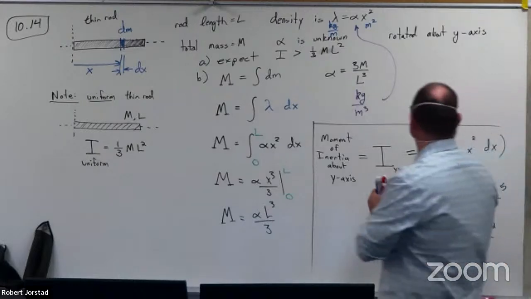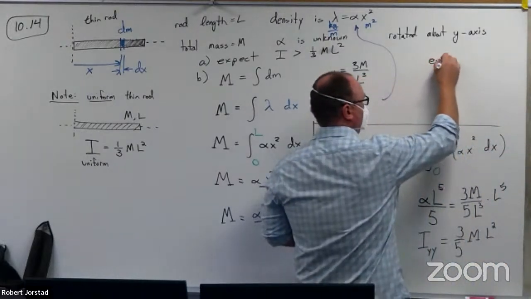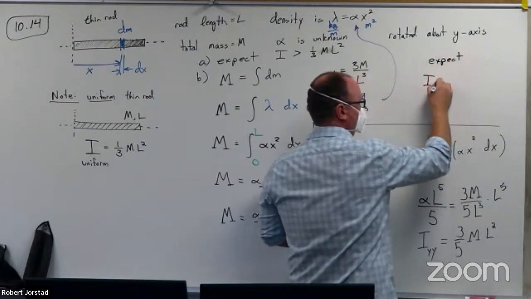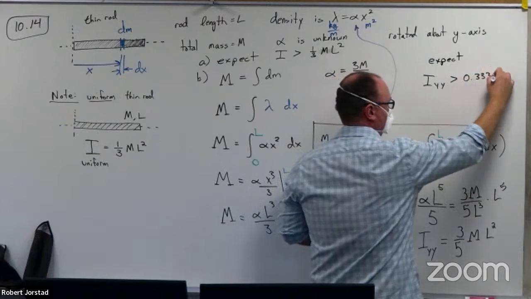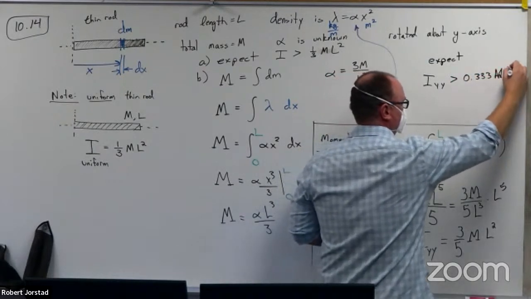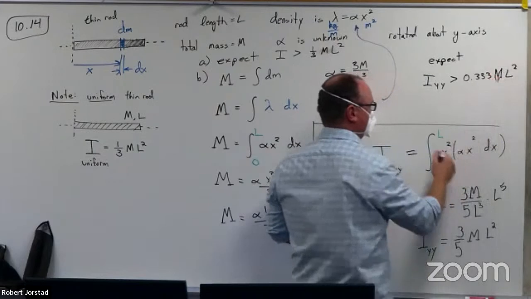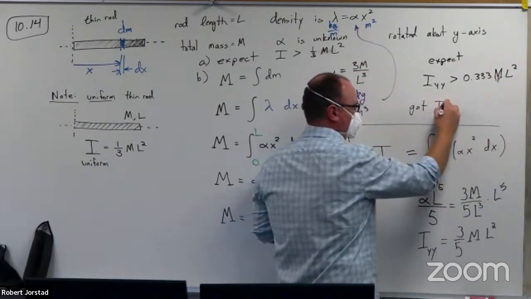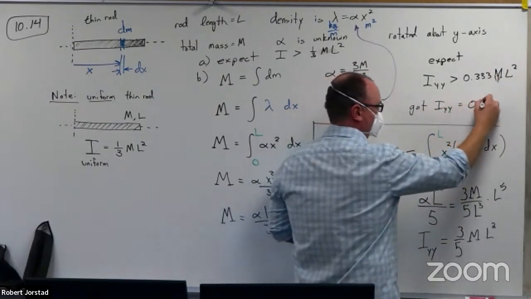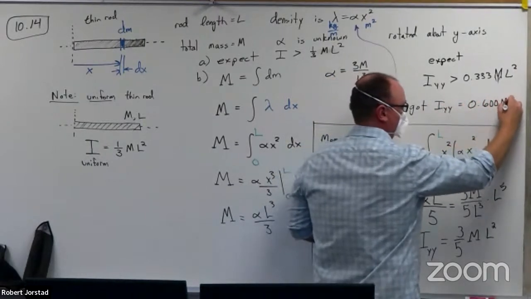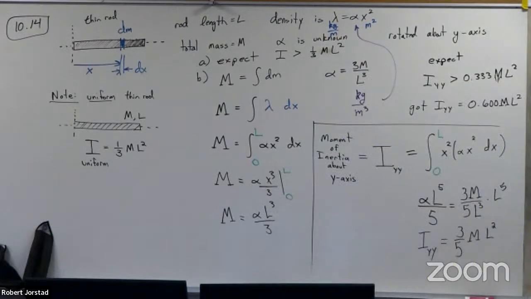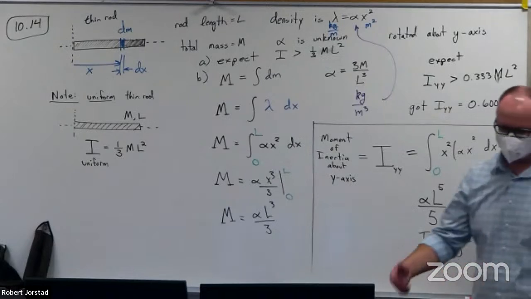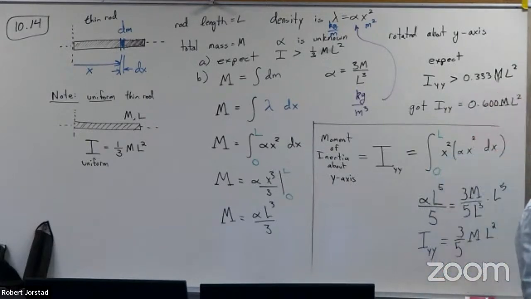So we expect IYY greater than 0.333 mL squared. Got IYY equals 0.6. It's a lot easier to compare decimals than fractions, so don't overthink it because you get tired sometimes. There's no shame in punching it into the calculator and double checking. What do you think? Good?